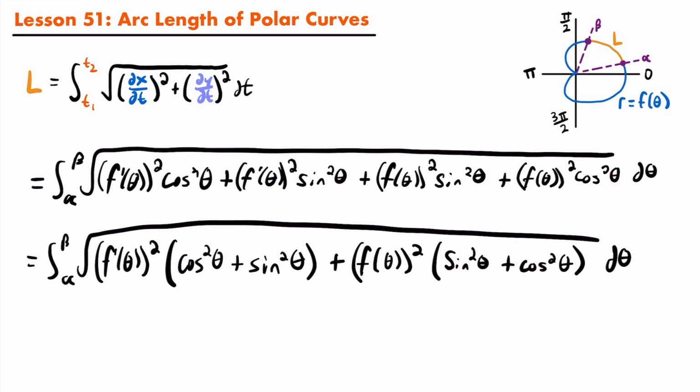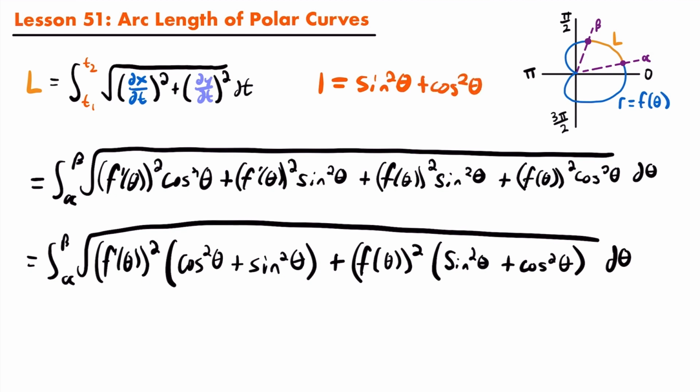All right, and so now we're almost done. We're almost done simplifying this integral to represent the arc length in polar form, because all we have to recognize now is that cosine squared theta plus sine squared theta, this quantity and this quantity, are both equal to 1, right? We know that from the Pythagorean identity for sine and cosine, that 1 is equal to sine squared theta plus cosine squared theta.